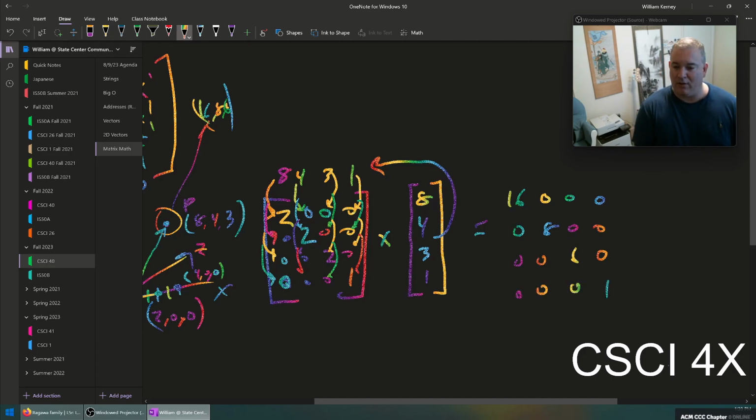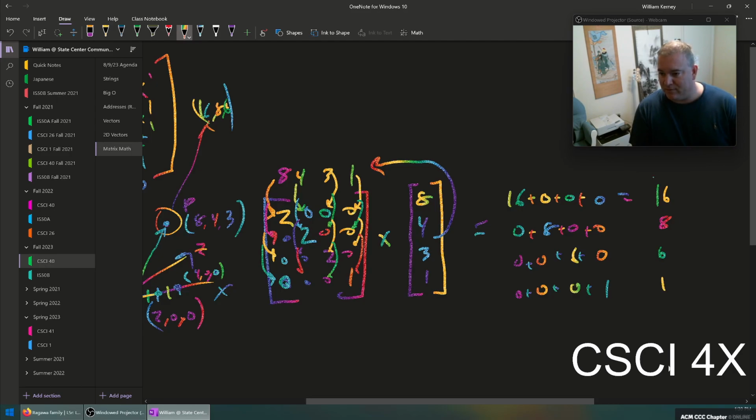Did you see what we did here? All the components of the matrix get scaled, they get multiplied by the corresponding value in the vector. So we take the vector, turn it sideways, multiply down, then add across. Multiply down, add across. So 16 plus a bunch of zeros is 16. 8 plus a bunch of zeros is 8. 6 plus a bunch of zeros is 6.